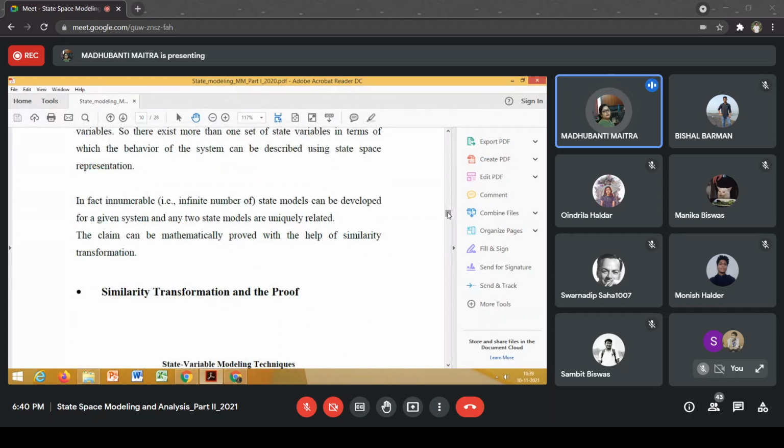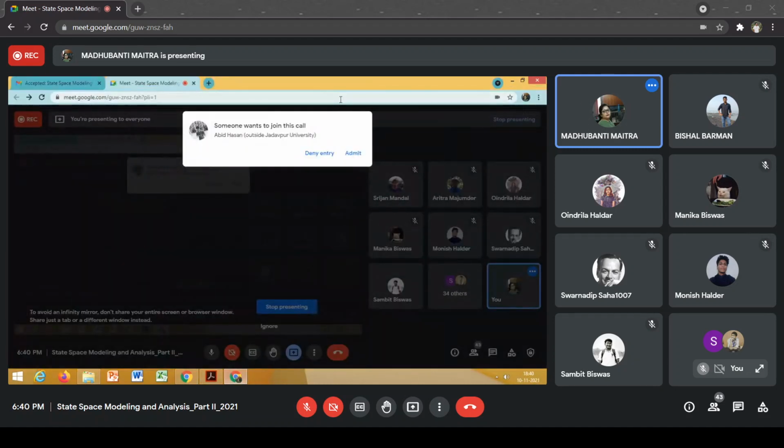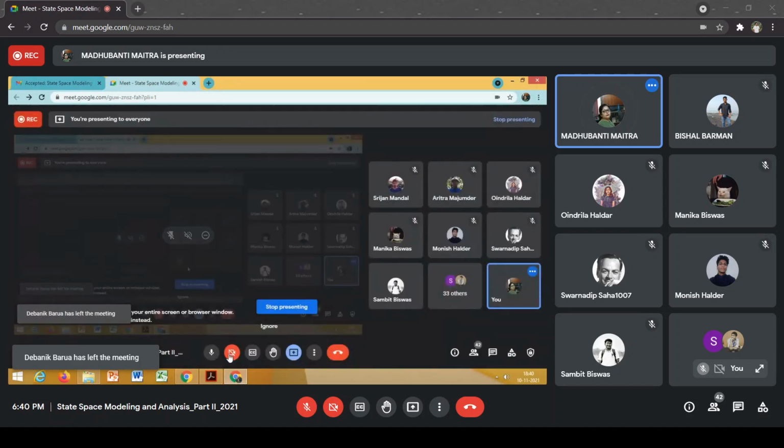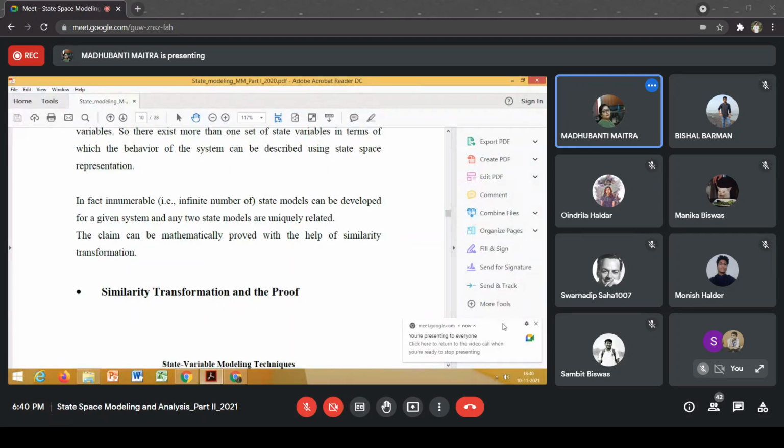The state model, suppose we have obtained a state model which is given by x dot is equal to Ax plus Bu. Write it down. And y is equal to Cx plus Du, right?